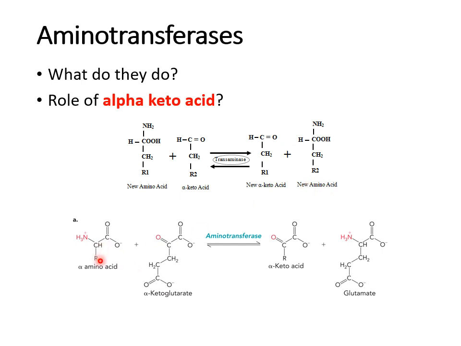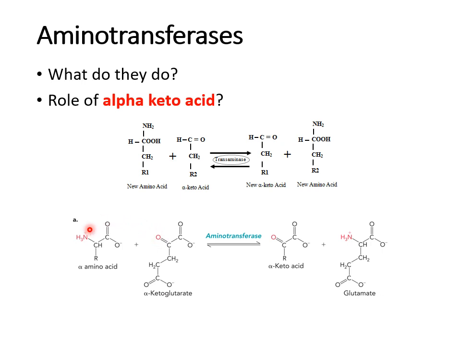Okay, so looking at it here with a specific amino acid getting synthesized, we start out with an amino acid here. The NH2 group or the NH3 plus group gets swapped with the oxygen over here of the alpha keto acid, in this case alpha ketoglutarate, which is the acceptor molecule.